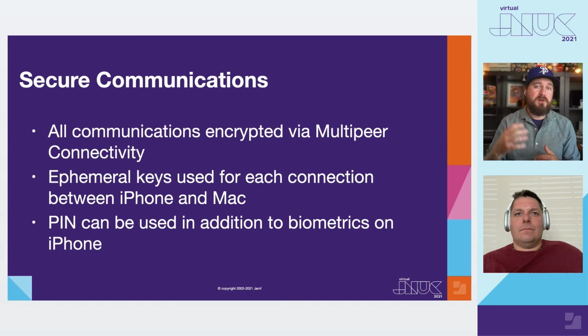And on top of that secure encrypted channel, again, if you want to, as an admin, require just an extra level of scrutiny or security, then you would be able to enforce a PIN on the Mac. So when you go to authenticate and the Mac asks for a PIN, if a PIN is required, the Unlock app in iOS is able to generate and display the PIN that the user needs to follow through with the authentication prompts.